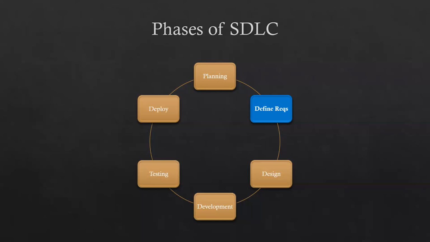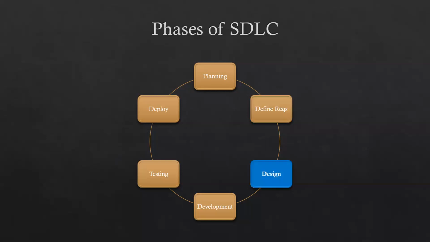In this phase, we are gathering the business requirements and creating process diagrams and a detailed analysis. It includes identifying both functional and non-functional requirements, and also the resources that we are going to use to build this specific product. That is what basically we are doing in the second phase, which is the requirement definition phase.